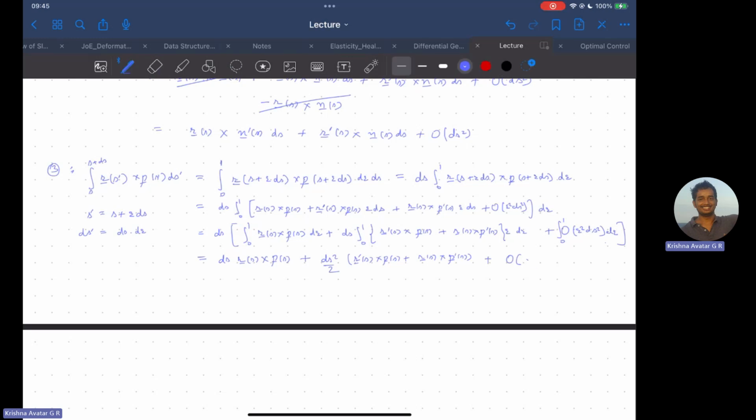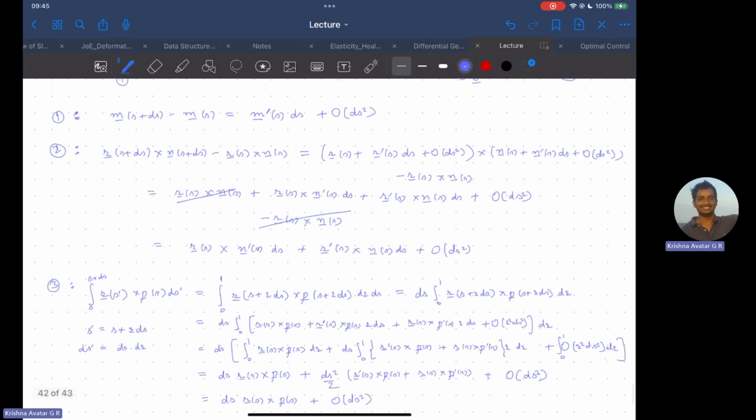Epsilon goes away, just like the ds cubed term. So eventually we retain the entire thing as ds r vector of s cross p vector of s epsilon ds squared. That's it.